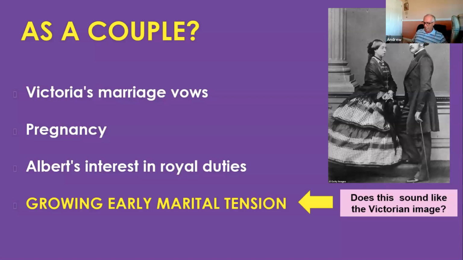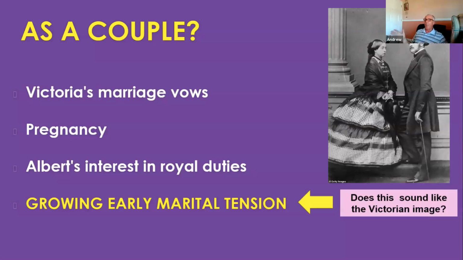I mentioned that they built Osborne House on the Isle of Wight, and Victoria, always interested in who takes precedence, will have a double door built, so that when she meets government ministers at Osborne House, the two of them could walk in at the same time.